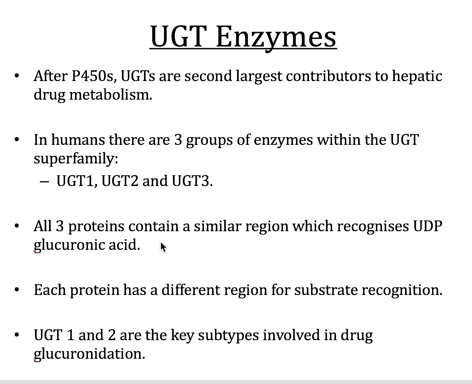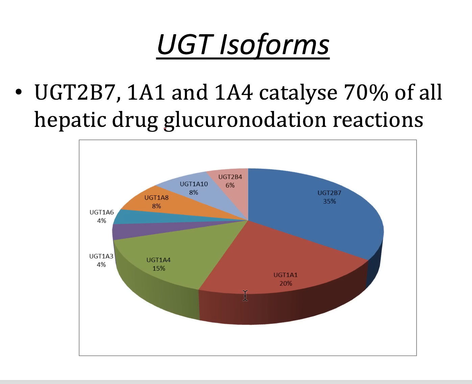UGT enzymes can be classified into 3 groups: UGT 1, 2, and 3, but mainly 1 and 2 are present. 2B7 and 1A1 are the main ones, at 70%, but there are other ones like 1A3, 1A8, 1A4, 1A6, but mainly what we want to focus on is 1A1 and 1A4.